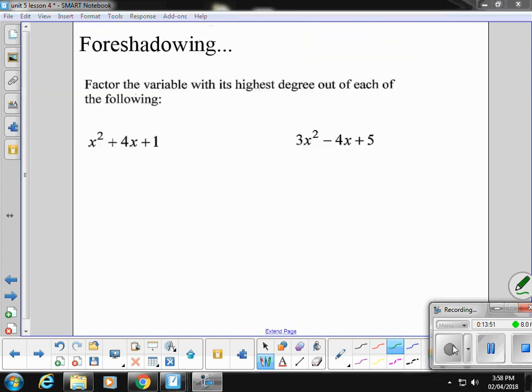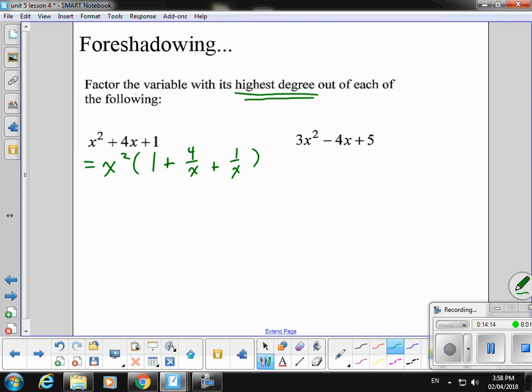So let's see if we can play a little bit algebraically with this thing. We're going to factor out the variable with its highest degree. This is counterintuitive compared to other things that we've done algebraically, but I'm going to factor out the largest power of x. If I factor out an x squared, I would have 1 plus 4 over x plus 1 over x squared.